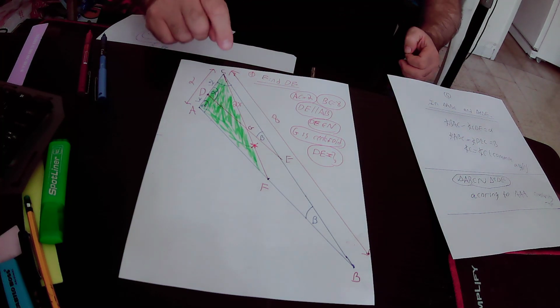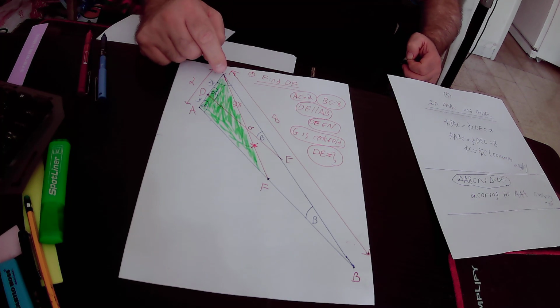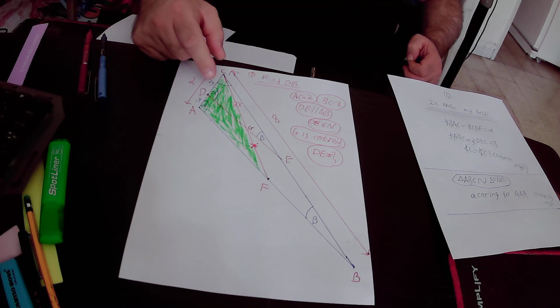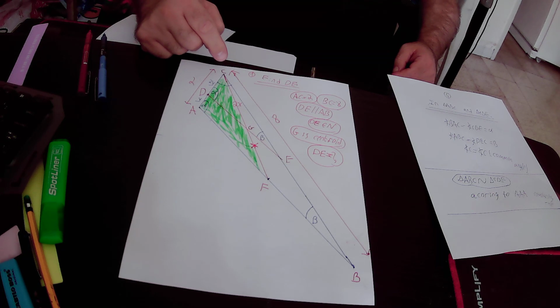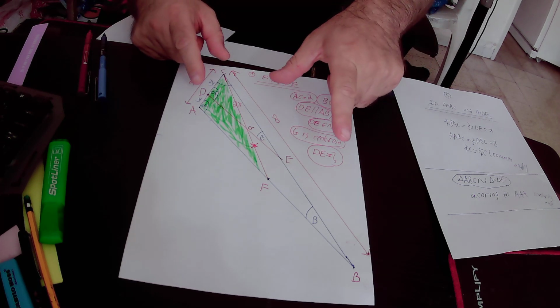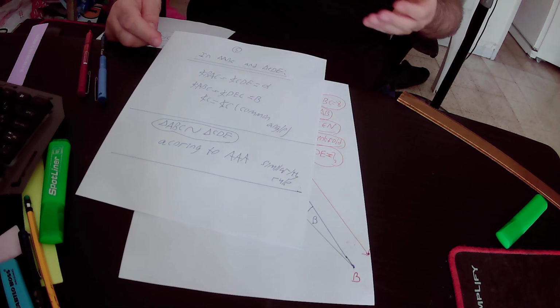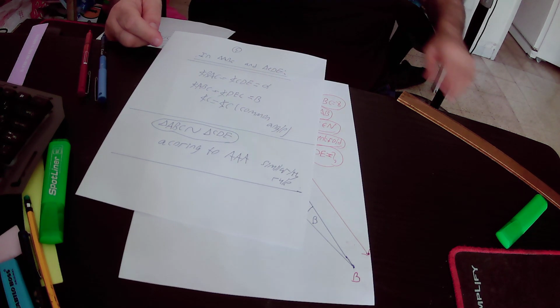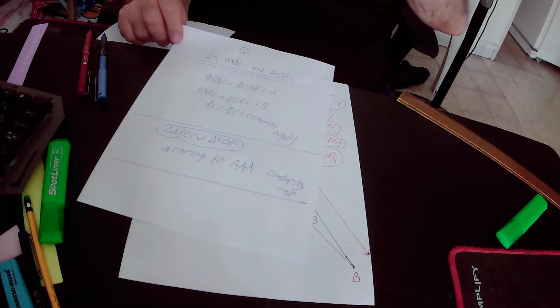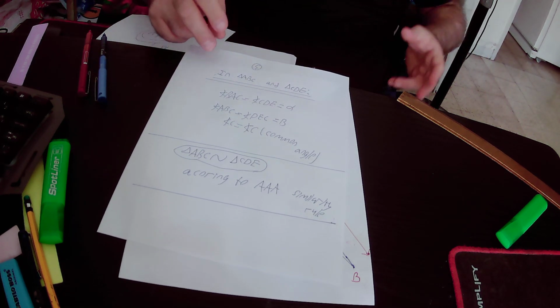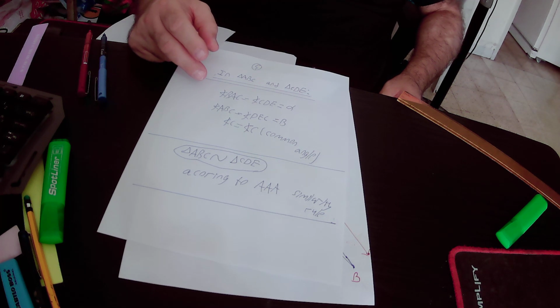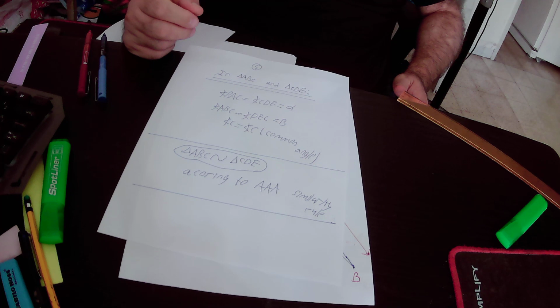And the third angle, angle C, is actually a common angle, because it belongs both to the small triangle, triangle CDE, and to the big triangle, triangle ABC. So we can write down that angle C equals angle C as a common angle. So we proved that the three angles of triangle ABC are equal to the three angles of triangle CDE.